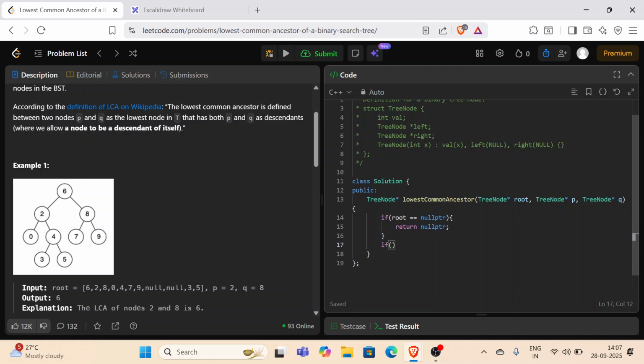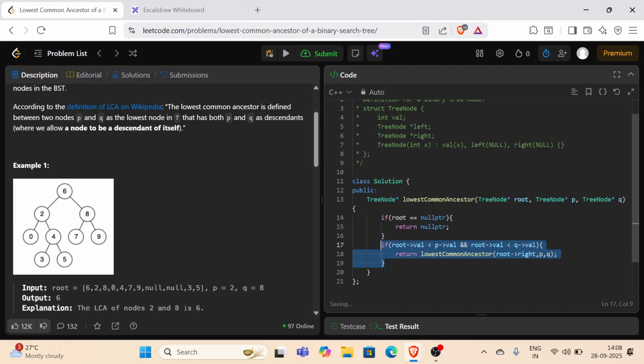Our first condition: if our root's value is less than p's value and our root's value is less than q's value, then both p and q are greater than the root, so we must go to the right subtree.